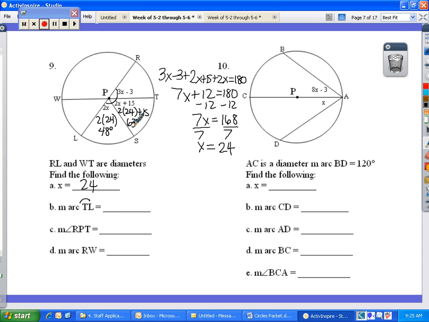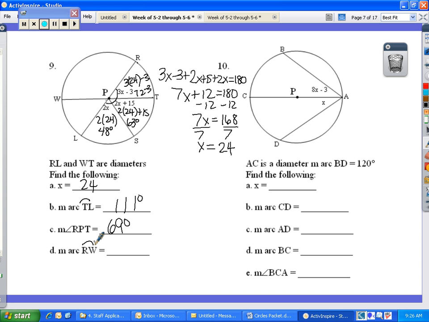So 48 plus 63 is going to be 111 degrees. Measure of angle RPT. Again, you're just going to plug in 3 times 24 minus 3. 3 times 24 is 72 minus 3 is 69 degrees.